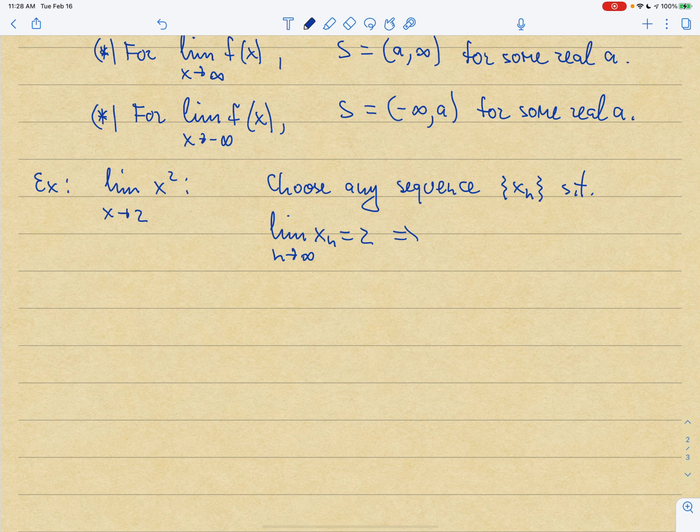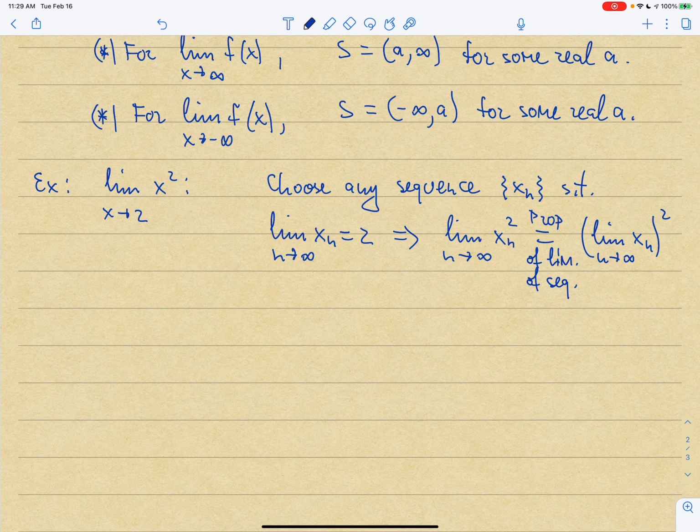Then, what will be the limit n goes to infinity of xn squared? Properties of limits of sequences tell me that this must be the limit n goes to infinity of xn, quantity squared, which is equal to what?